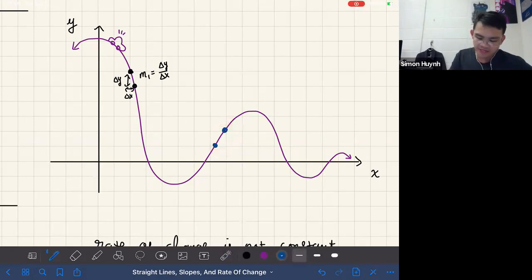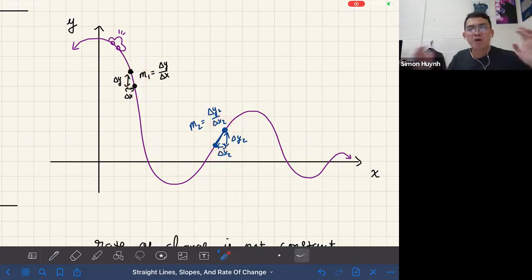Let's say over here, where you also have some delta y2 and delta x2, and you compute the rate of change m2 equals delta y2 over delta x2. Clearly we see that at the initial point the rate of change is negative, and over here it is positive. So for a more complicated function, the rate of change is not constant, but changes all the time.